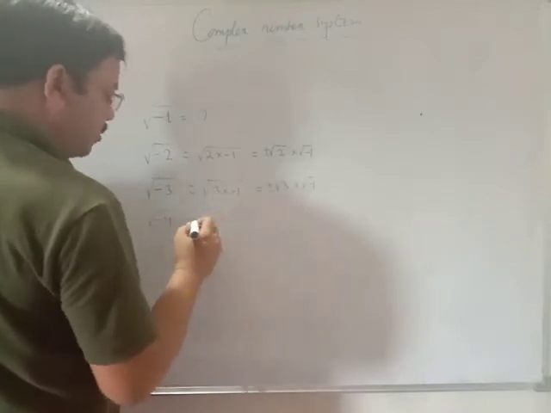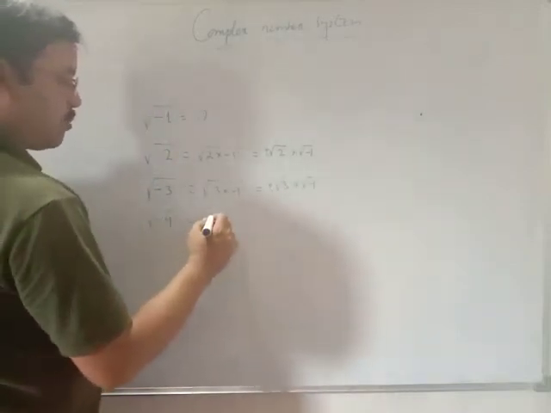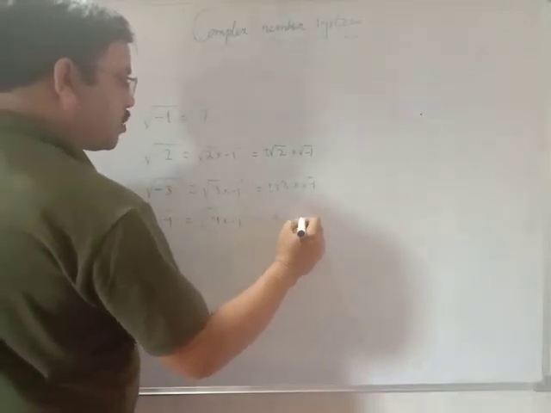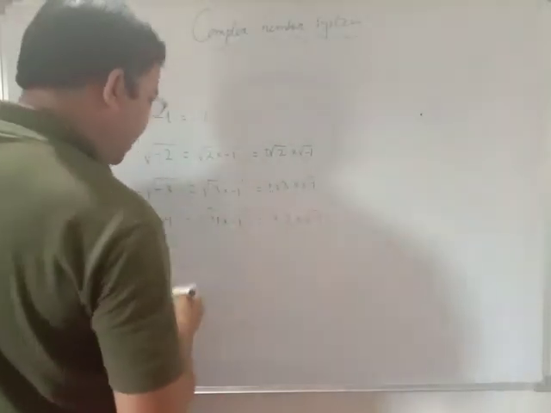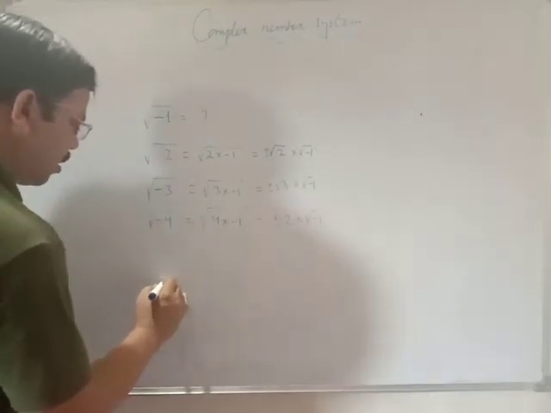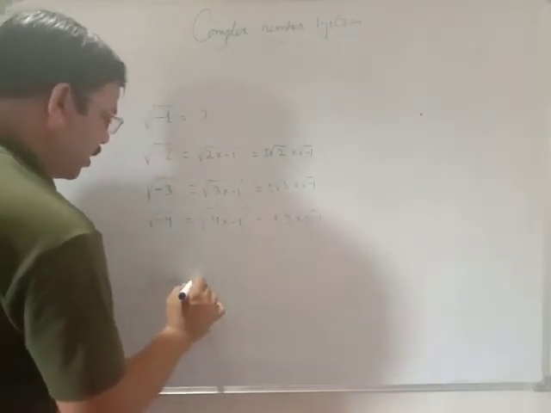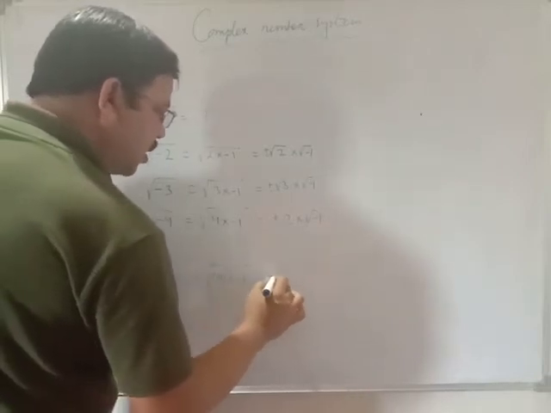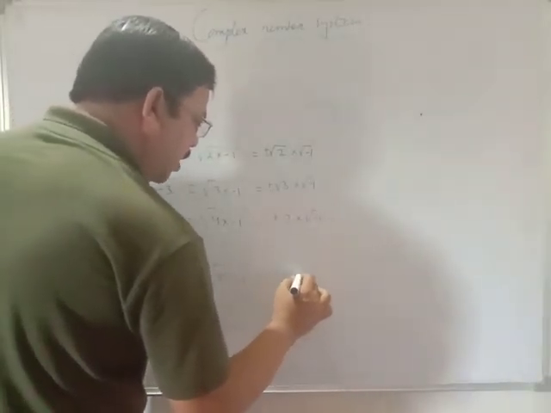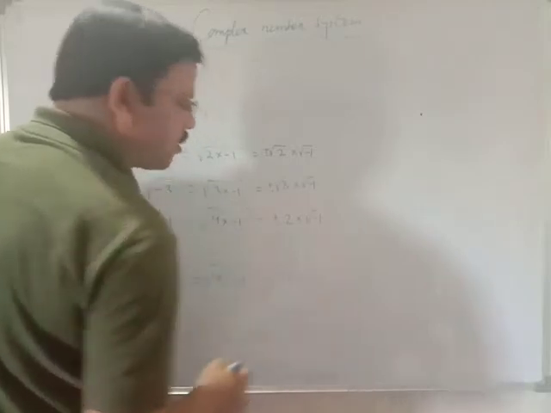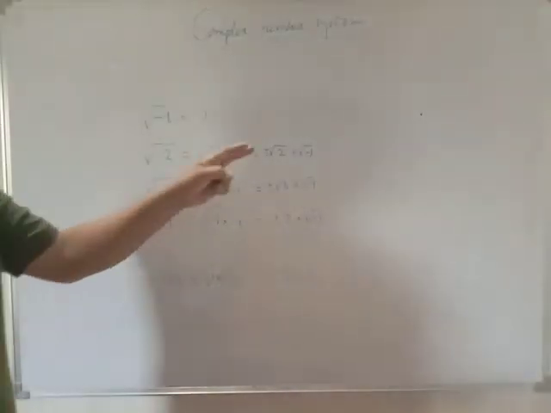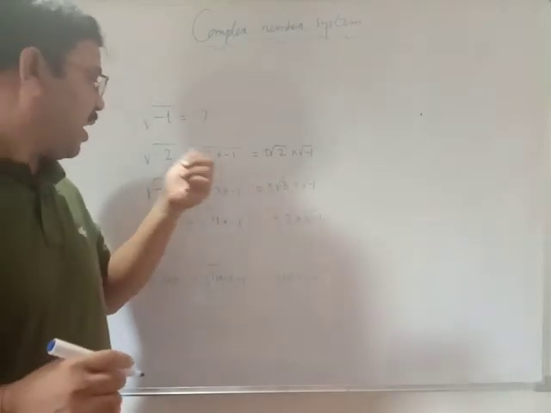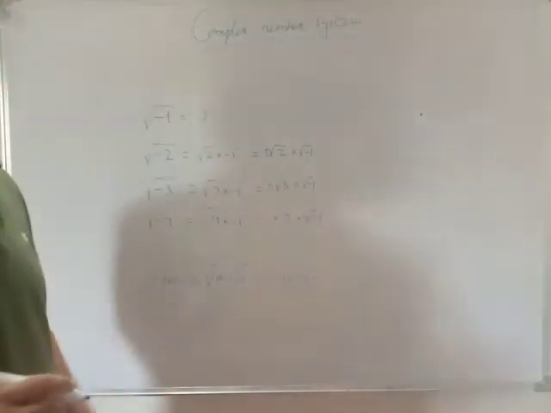Root of -4 is root of 4 into -1, equal to plus minus 2 into root of -1. Root of -100 is root of 100 into -1, equal to plus minus 10 into root of -1. So root of -1 is the common factor present in every square root of negative numbers.